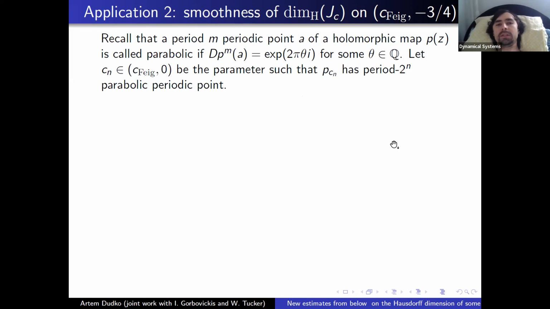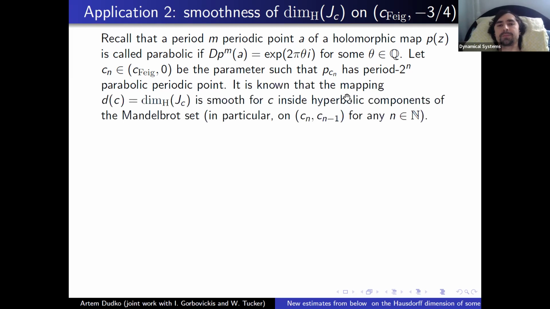So we denote by c_n the parabolic parameters closest to 0 such that P_{c_n} has a parabolic point of period 2^n.